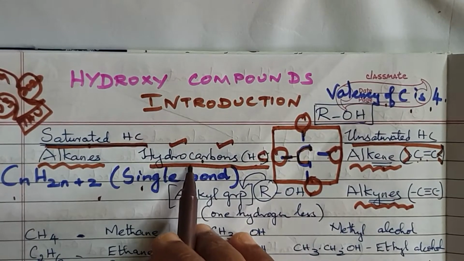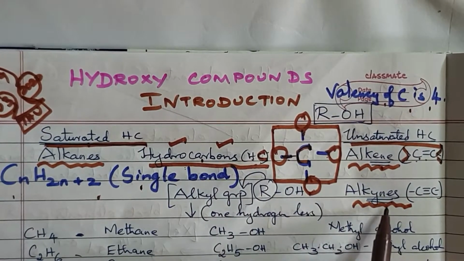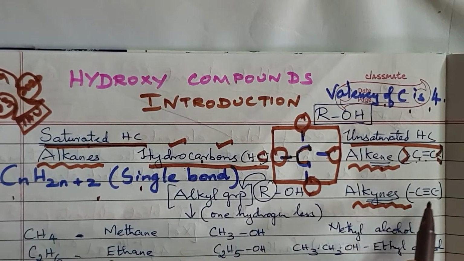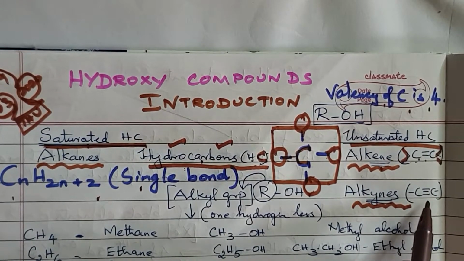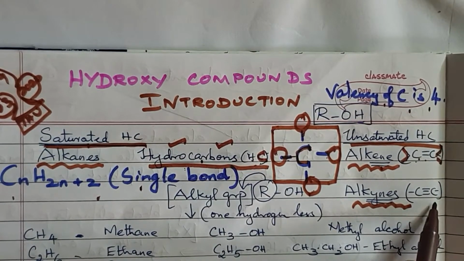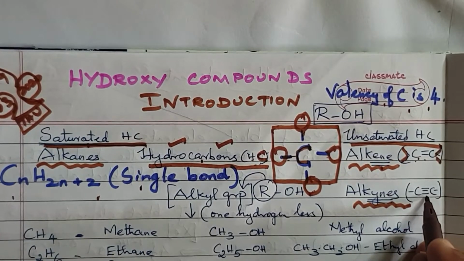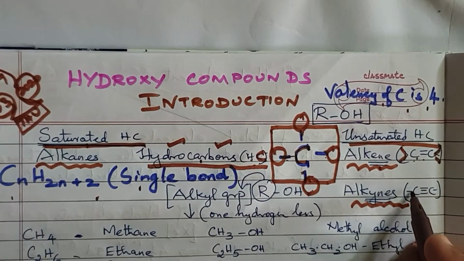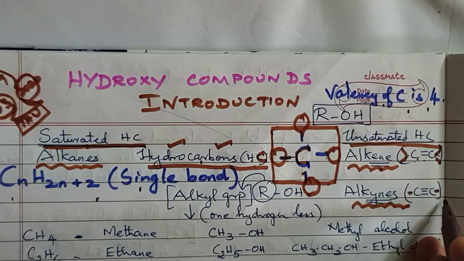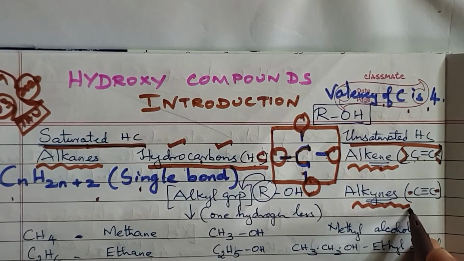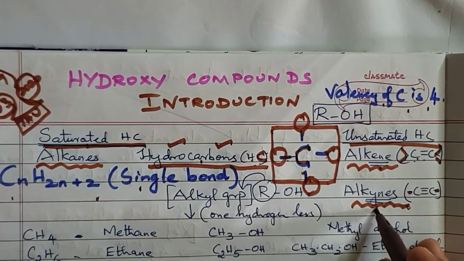If it is an alkyne, it will have a triple bond, C triple bond C. So 3 bonds have gone out of the 4 bonds, and the remaining 1 bond can join with either a carbon atom or a hydrogen atom to form an alkyne.